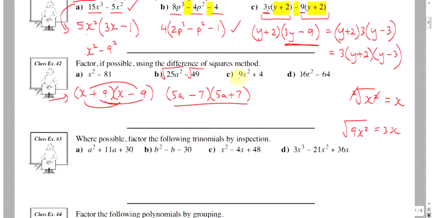All right, can I take the square root of 9x squared? Yeah. Can I take the square root of 4? Yeah. Can I factor this? No. Is that a difference of squares? It is not.